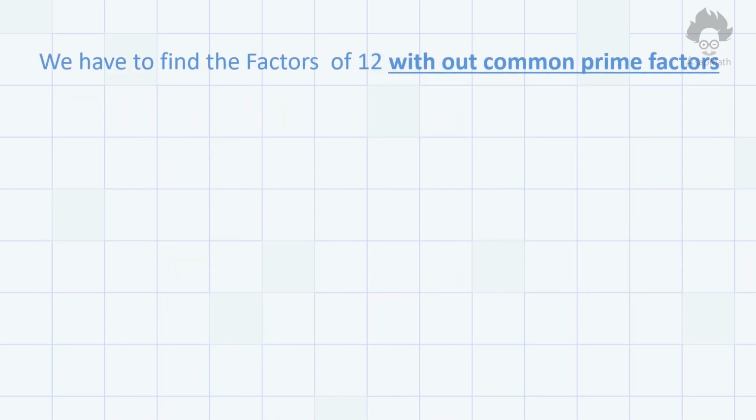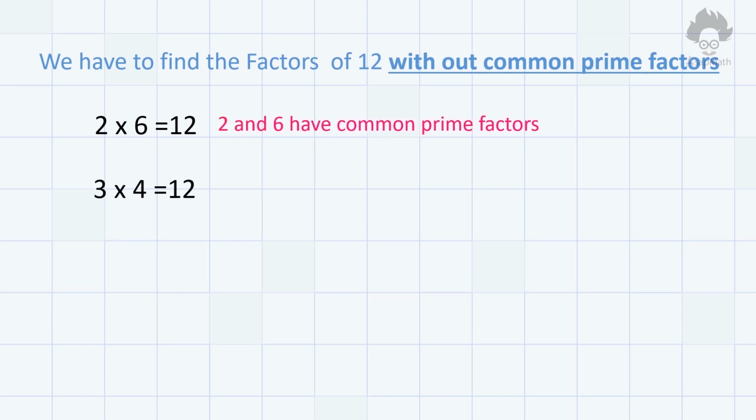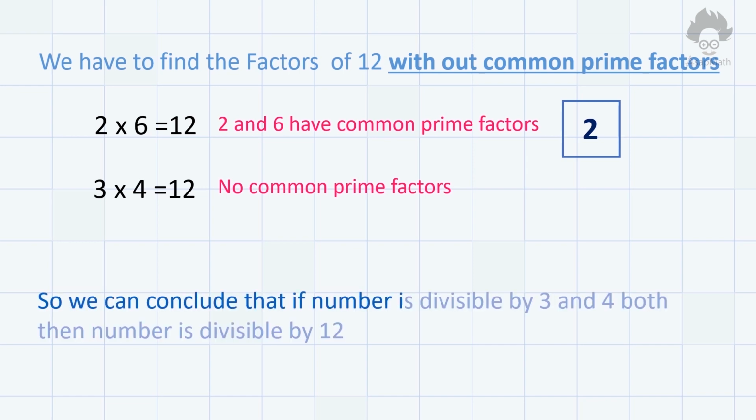In this method, we have to find the factors of 12 without common prime factors. Here, 3 and 4 don't have common prime factors. So we can conclude that if a number is divisible by both 3 and 4, then the number is divisible by 12.